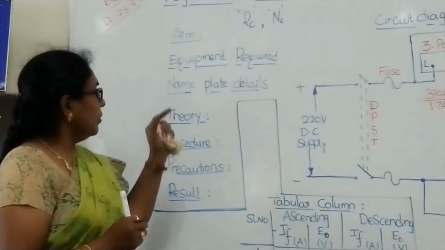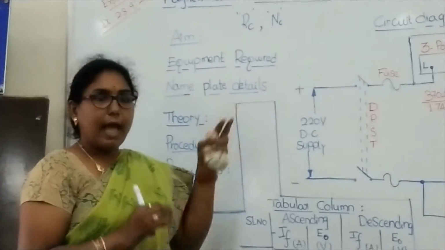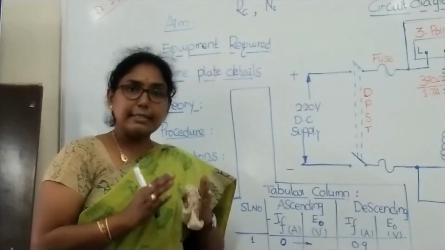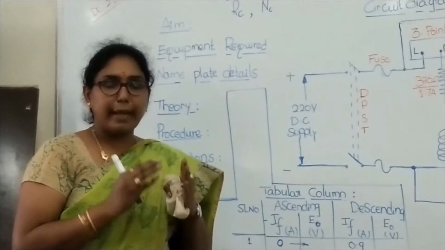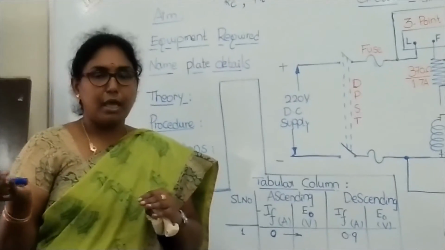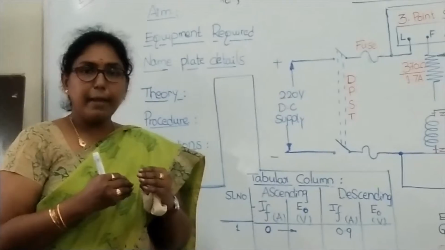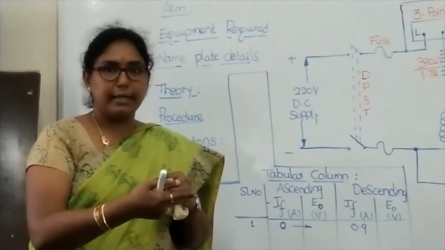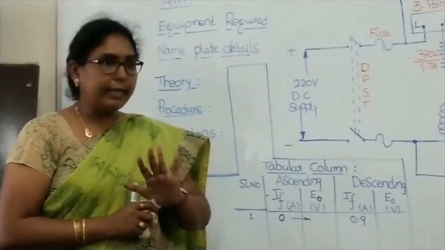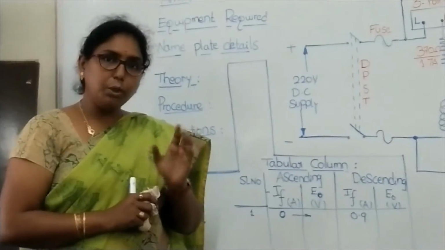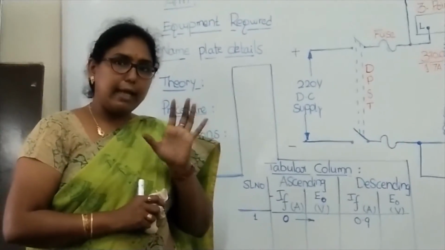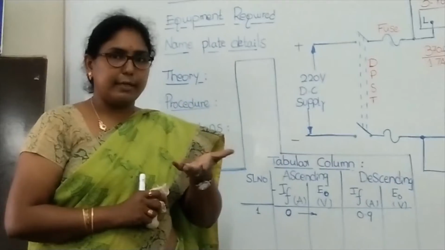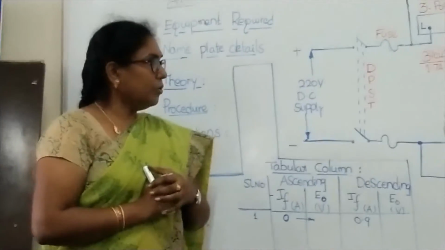Coming to the nameplate details, as it is known to you, the DC generator converts mechanical energy to electrical energy. So mechanical energy must be given to the generator. For that, here we are taking a motor as a prime mover to supply the mechanical energy to the generator.